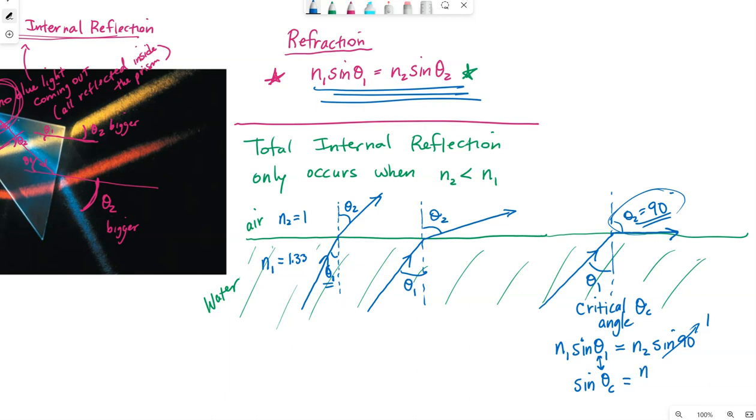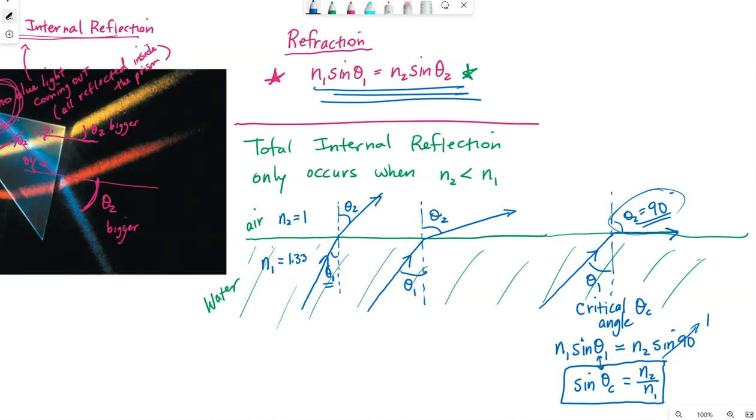The sine of this critical angle is equal to the ratio N2 over N1. So the index of refraction where the light is headed towards, over the index of refraction where the light originates.